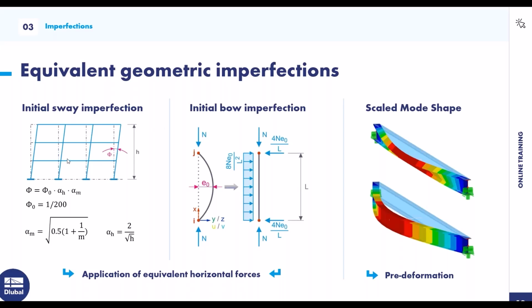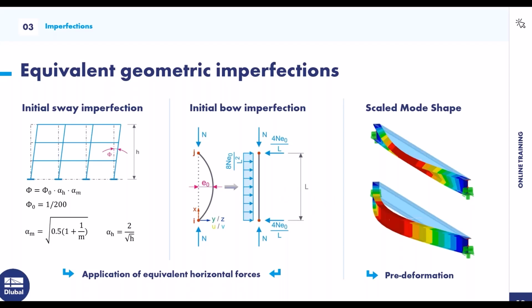On the left side of the graphic, you can see the initial sway, the global imperfection that can be applied to the structure. And if individual components are to be examined more closely, there is the local equivalent imperfection, for example an initial bow imperfection. This depends on the selected profile, the yield point, the buckling curves, and the proof method.